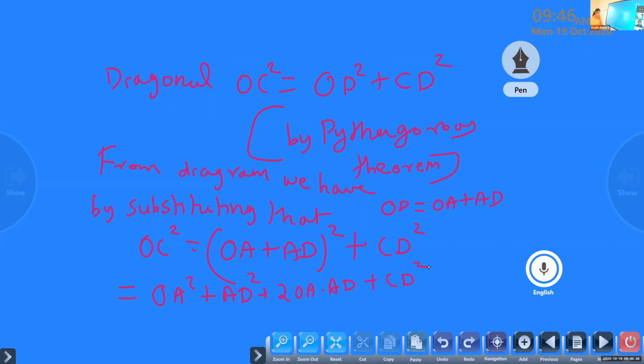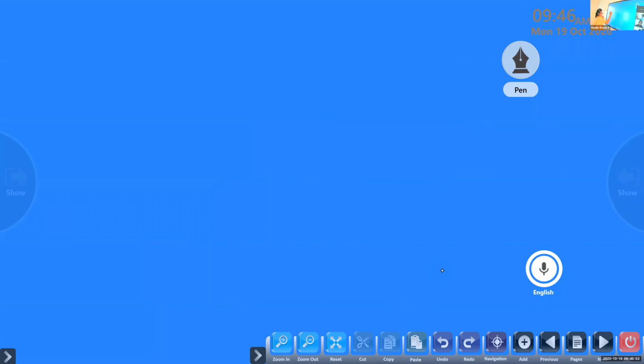Now we are going to combine AD square plus CD square. So just rearrange that. OC square is equal to OA square plus 2 OA dot AD plus the previous one, AD square plus CD square, which is AC square, correct.